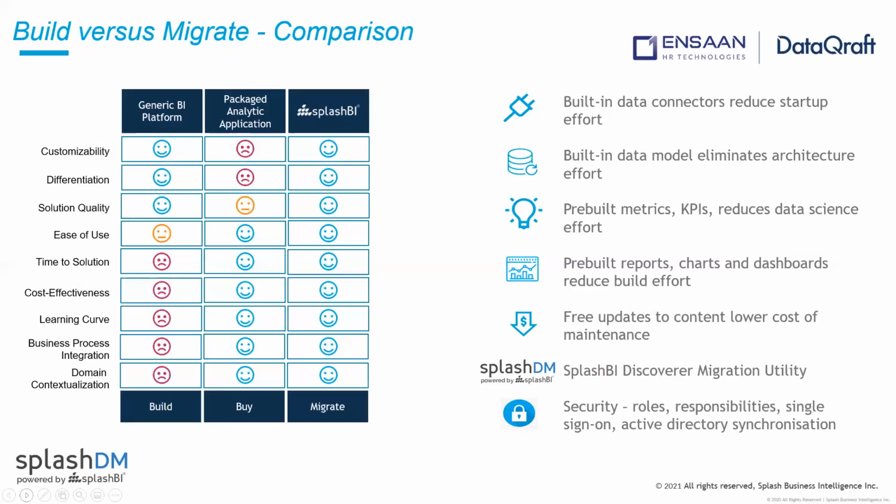But moving to a generic BI platform, as you'll see in the first column, may give them extended functionality and more differentiation. But will that solve the problem they've got? Will that make sure the business process integration is still there? It is automatically going to lose out on the domain contextualization, and might not have the same sort of connectivity with Oracle EBS and those sort of issues.